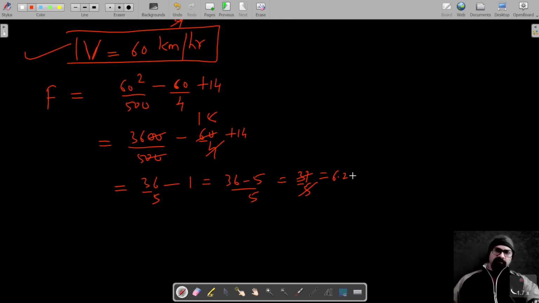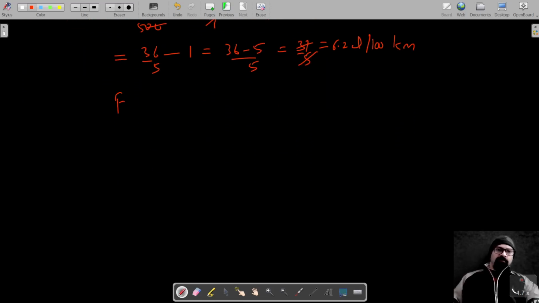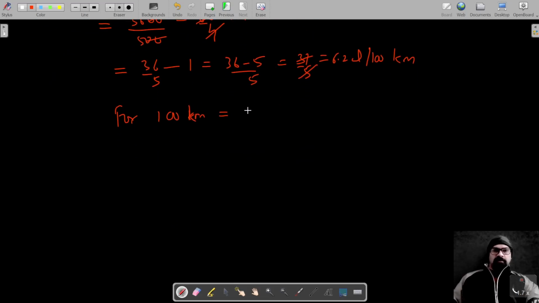So this is 6.2 liter per 100 kilometer, because this gives us the fuel consumed per 100 kilometer. So that means for 100 kilometer at this speed of 60 kilometer per hour, it's 6.2 liter.